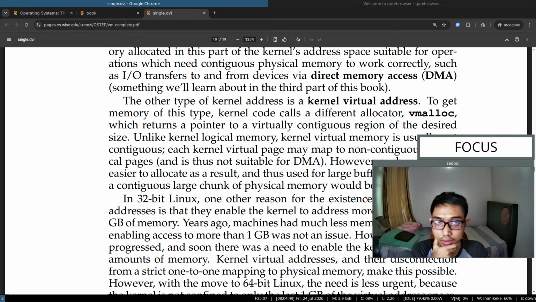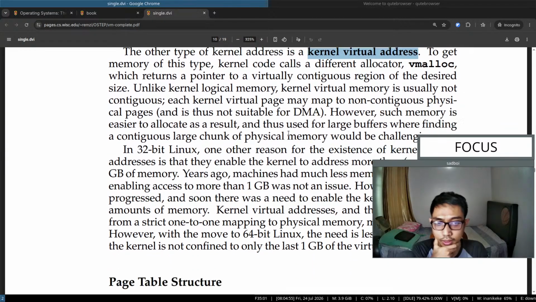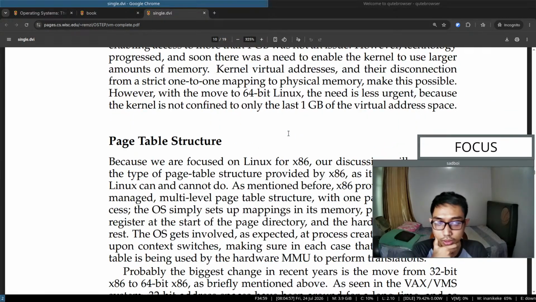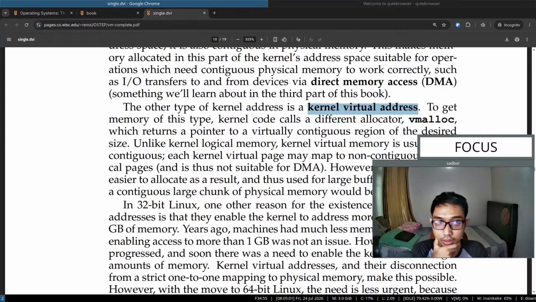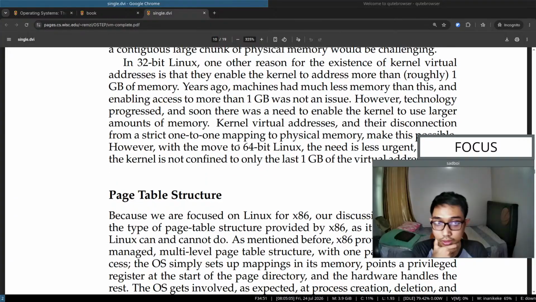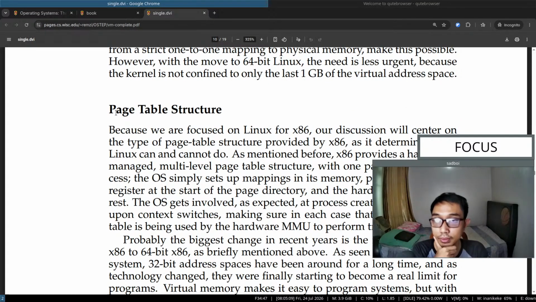And then I assume the kernel virtual address can be swapped to memory, maybe. I mean, it is the usual virtual address, right? Well, let's continue first, I guess.